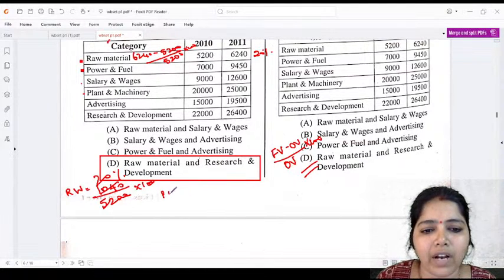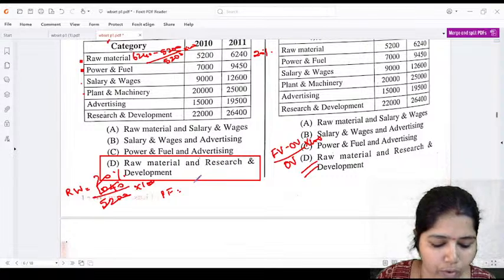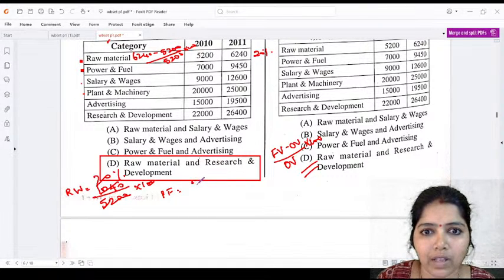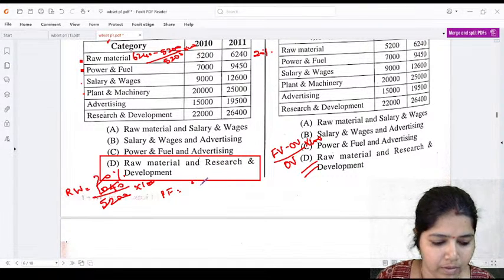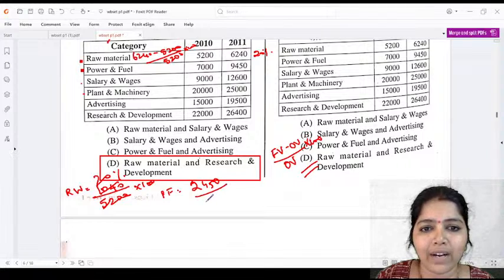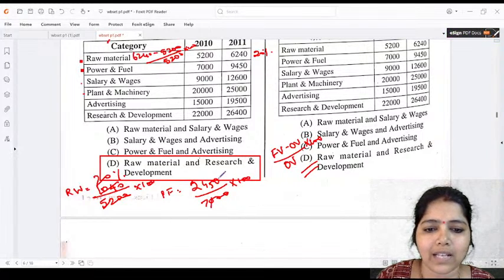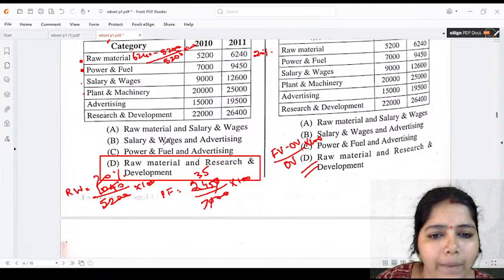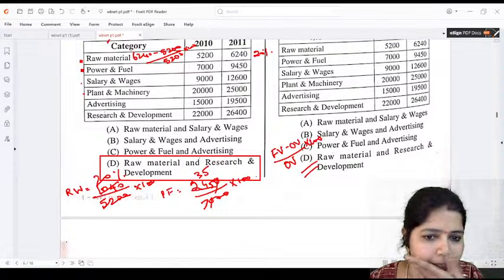When I take power and fuel, that is 9,450 minus 7,000, which is nothing but 2,450. Am I right? Yes, it is 2,450 divided by 7,000 into 100. So when I cancel, this becomes 35. So raw material and power supply is not the option.